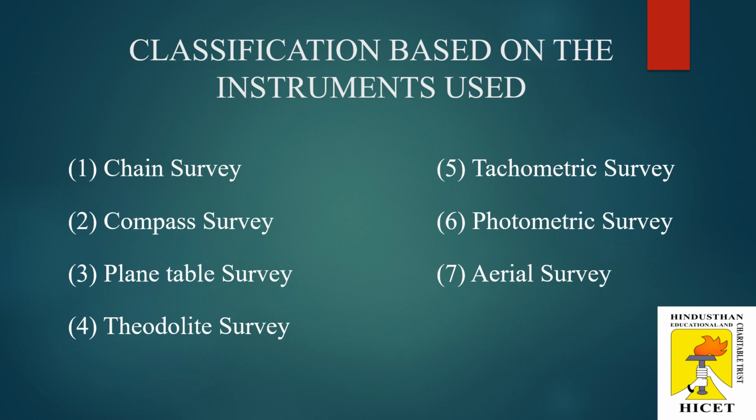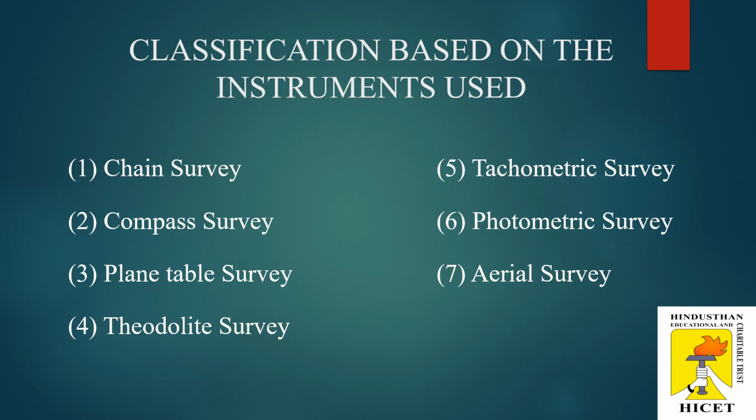So without any angular measurements, by using chains we are going to measure a linear measurement alone. Length and breadth may be calculated to compute the entire area. So like that, each survey may have its own instruments to complete that particular work.